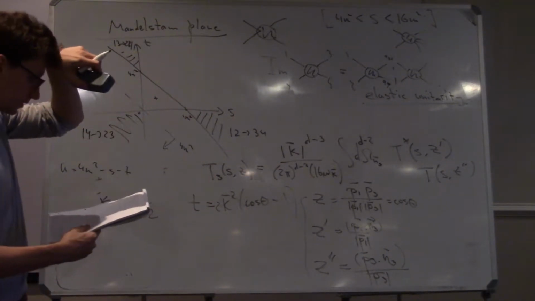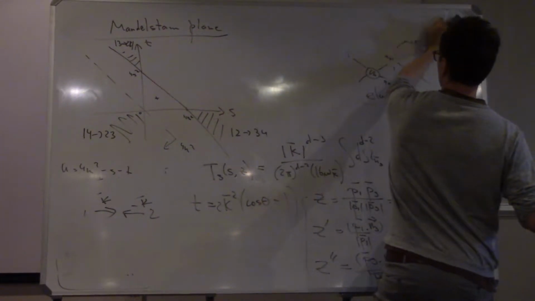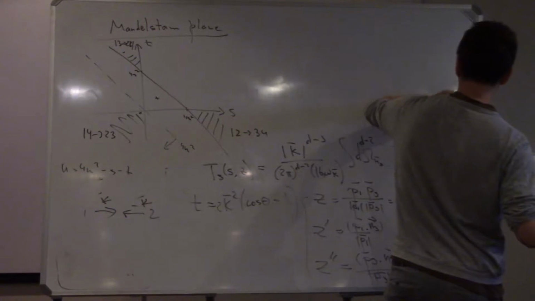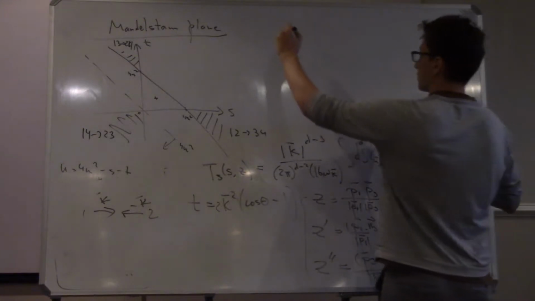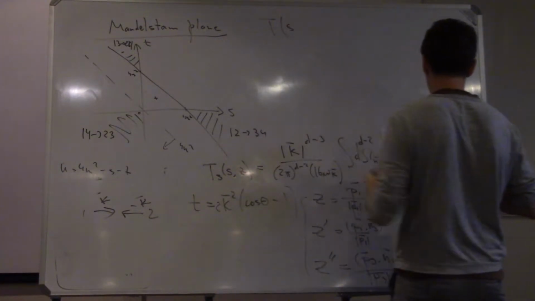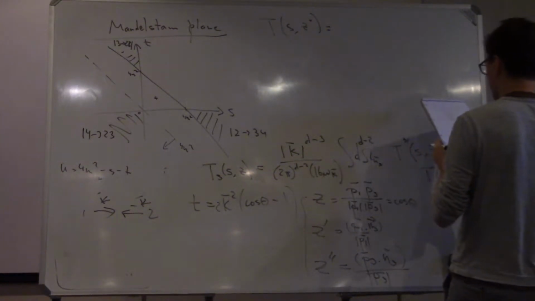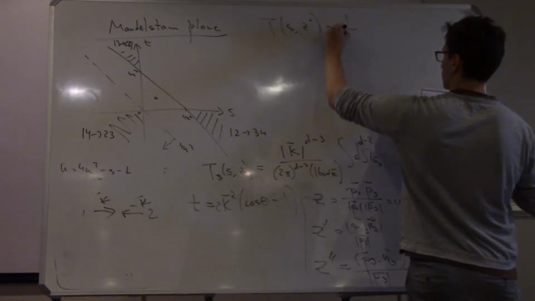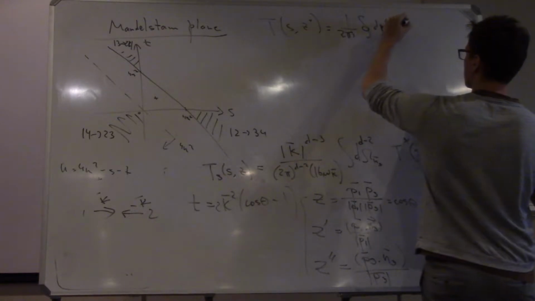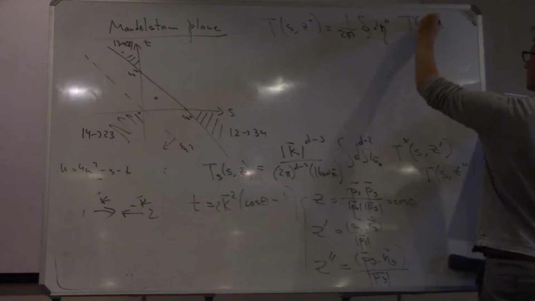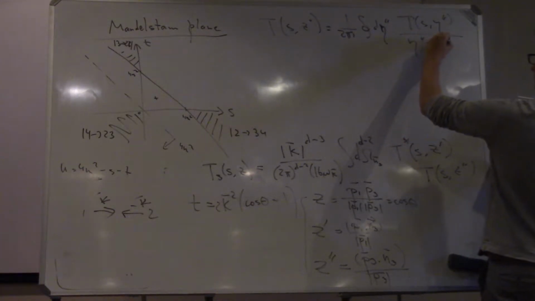So the way it works is the following. We write down a simple representation for these amplitudes. So, for example, we have this T as a function of z double prime, and we write it as a Cauchy integral, 1 over 2 pi i, integral of T(eta double prime) over eta double prime minus z double prime.